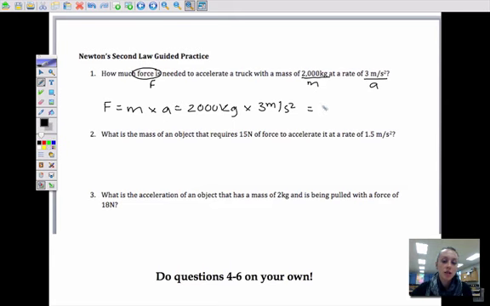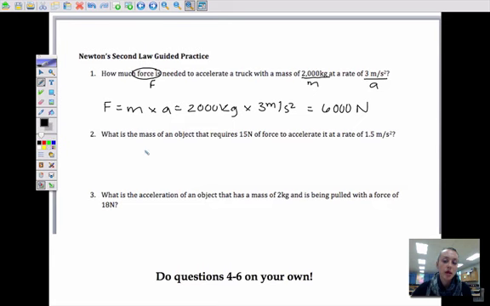So 2,000 times 3 is 6,000, and because I'm solving for force, my unit is the Newton, and that's it. If you put kilogram meters per second squared, that's right, but the easiest way is just to say Newton for force.